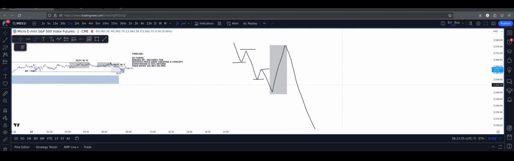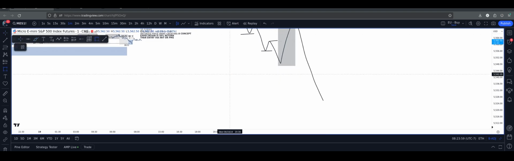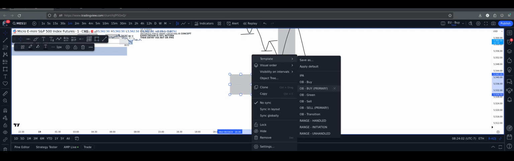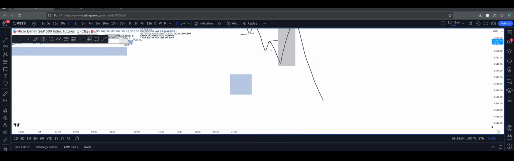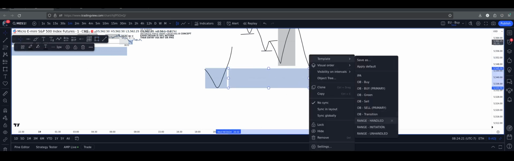And then what you're looking for is that to form and to take out a previously known buy primary. Actually, it should be drawn a little bit more over here, something like that. And as it takes out that primary range, that buy primary, this becomes transitional.